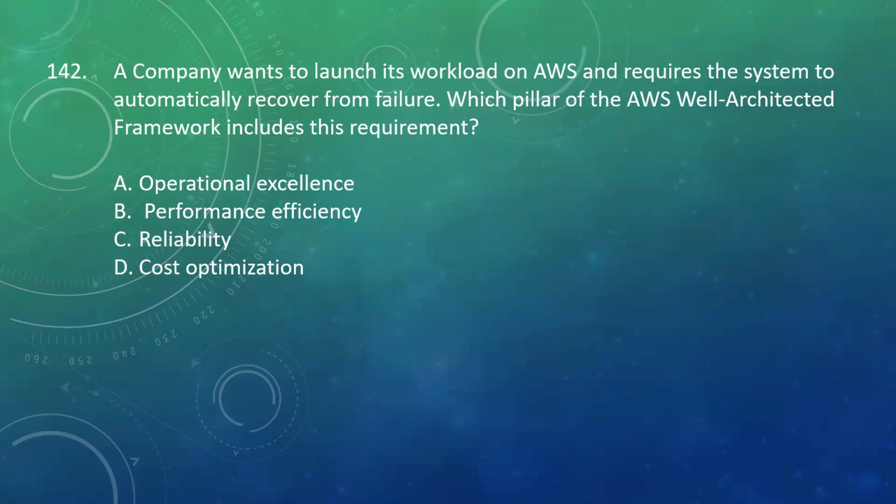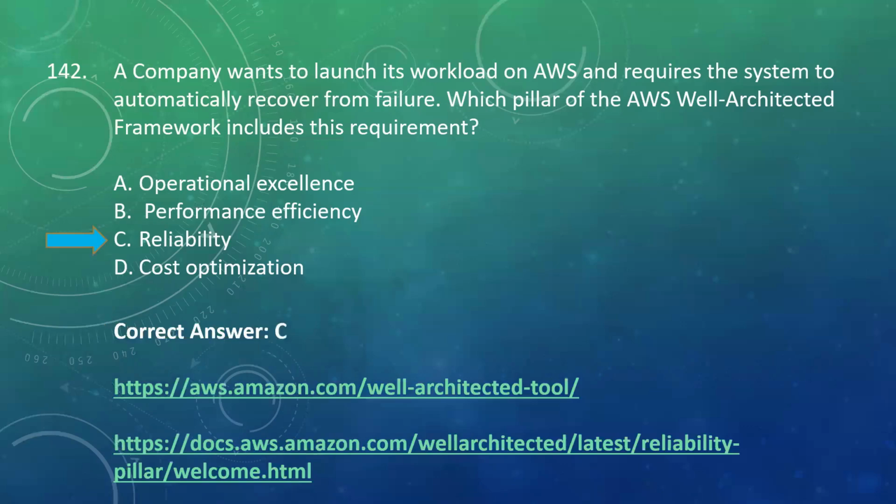Basically here we are looking for the pillar which is inclined towards automatic recovery from failure, and this is one of the design principles of the reliability pillar. Now there are different pillars in the Well-Architected Tool of AWS. So I strongly suggest you go through the links on your screen now to understand this in more detail, as there will be different questions from this in your exam.